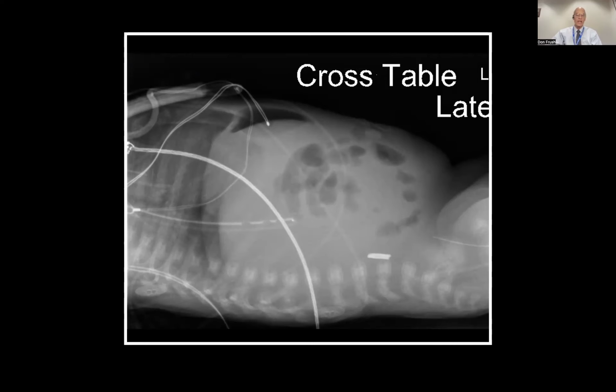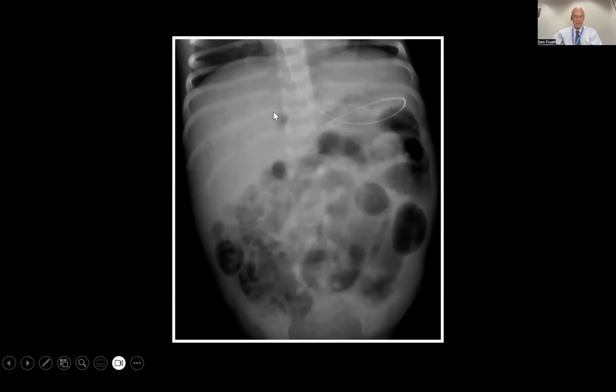That's putting one side down, and we typically put the left side down so air would rise up over the liver onto the right. But that's sometimes hard in these ICU patients, and I'm fine just looking at the two-view abdomen, the AP and the cross-table lateral, because you usually see the free air well on one or both of those examinations.